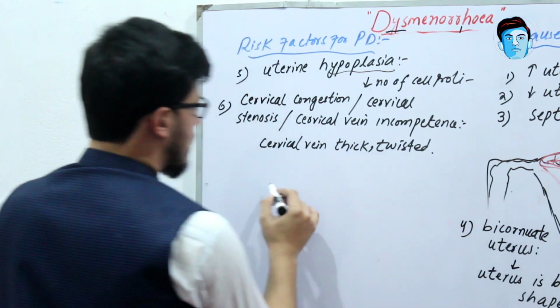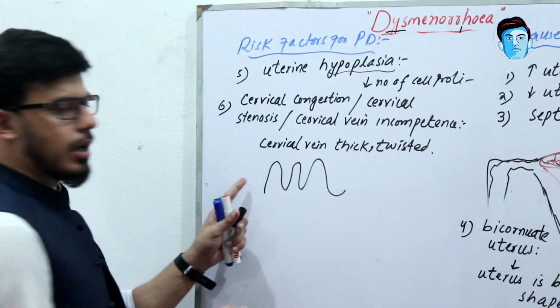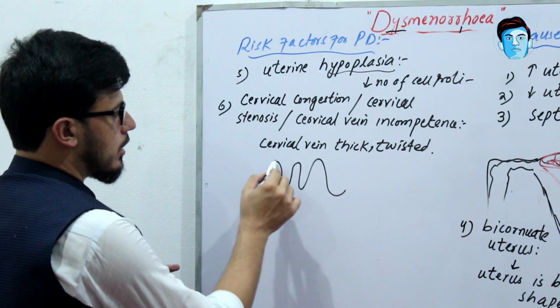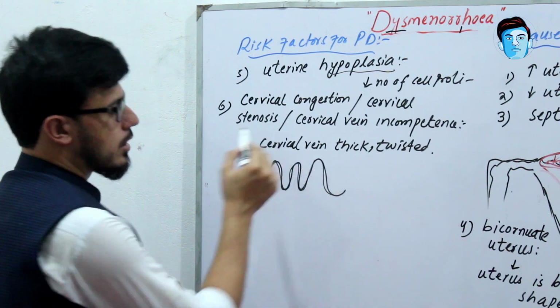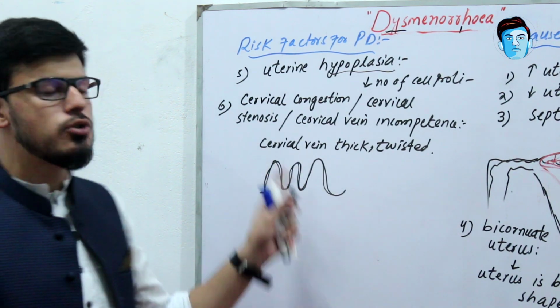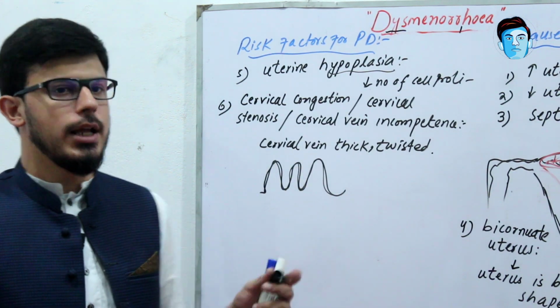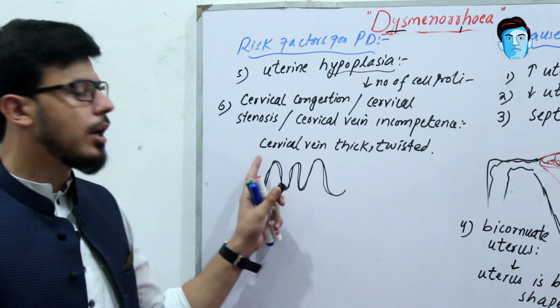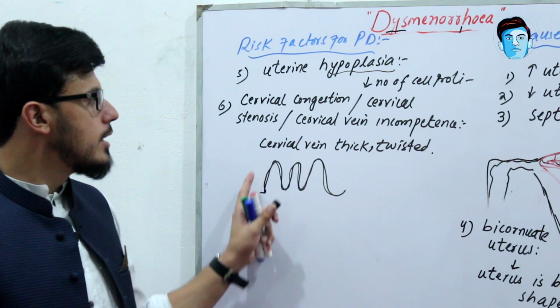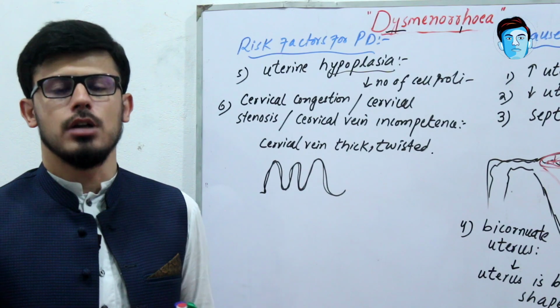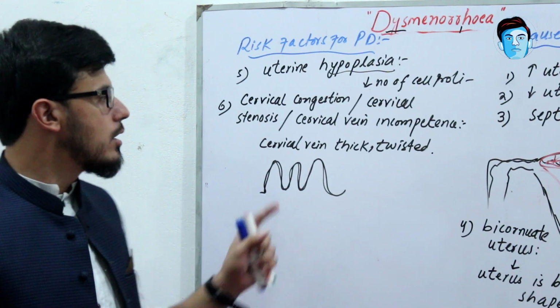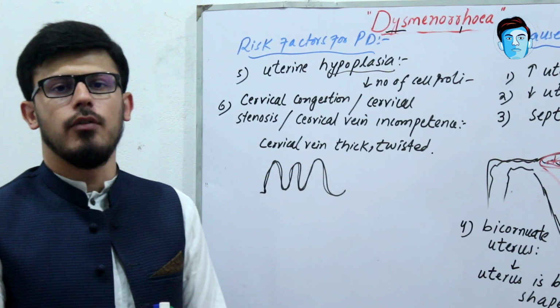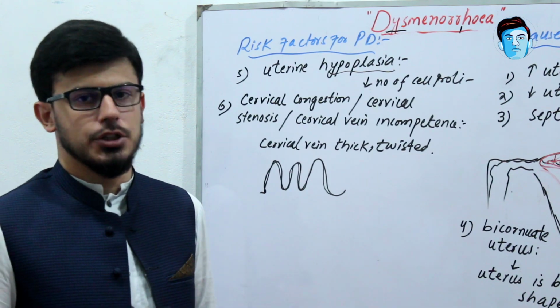Let's suppose this is a cervical vein; it becomes thick and twisted. As a result, the menstrual blood does not move properly, so there is obstruction to the menstrual blood flow. As a result, the endometrial layer also becomes thick, and in this condition the female suffers pain during menstruation.